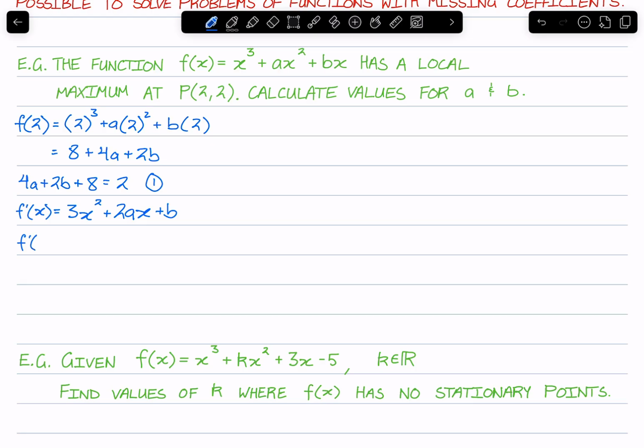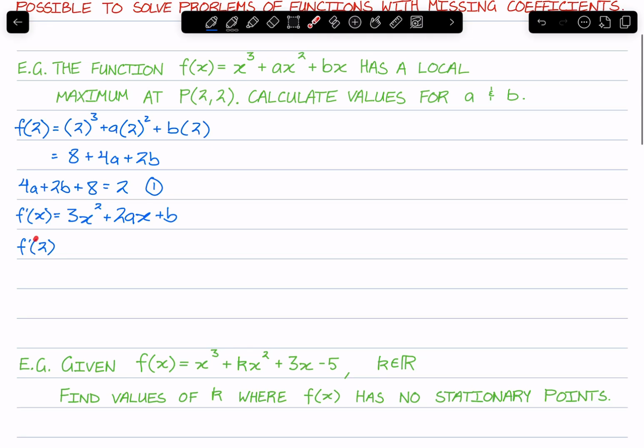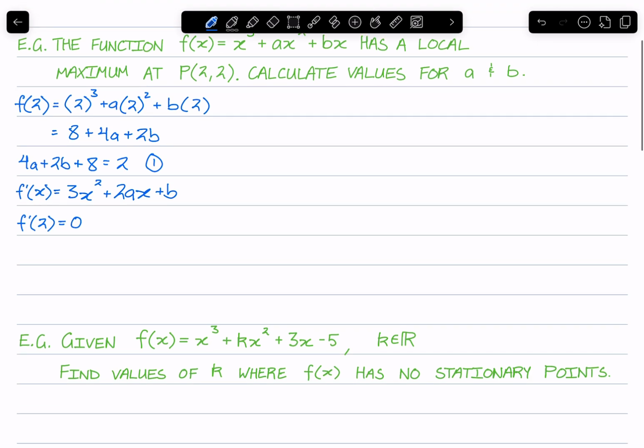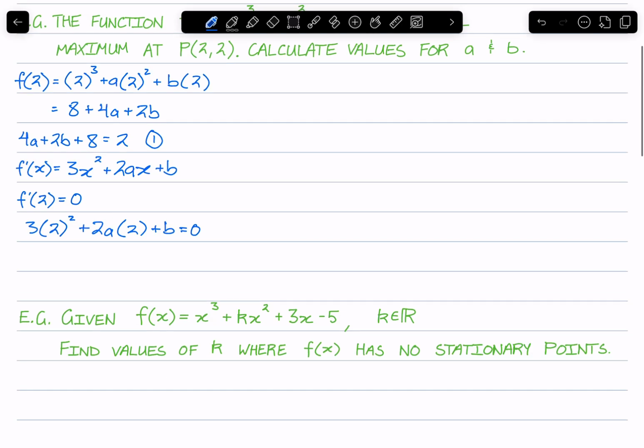f prime of 2. Remember that this is the gradient of the tangent at this point. Since this is a maximum at this point, this gradient should equal 0, which is exactly what we're going to do now. We're going to substitute 2 again into here, which gives us 3 times 2 squared plus 2a times 2 plus b should equal 0.